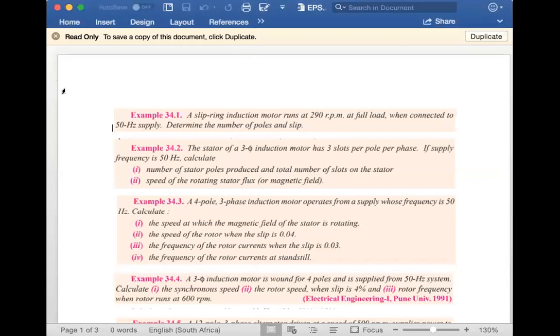Everything is stuck on my side. Can you see the screen with the examples?